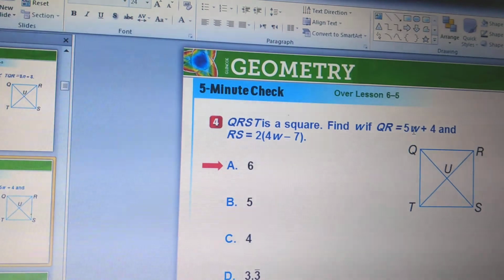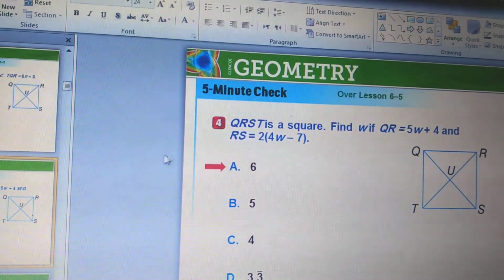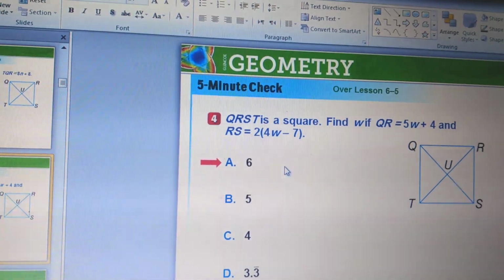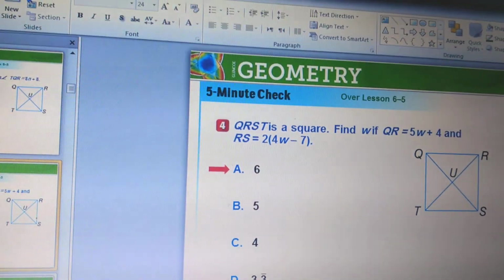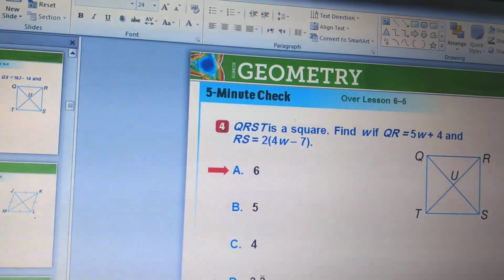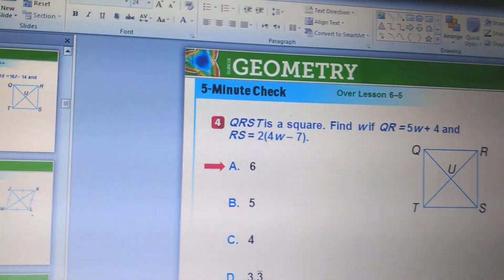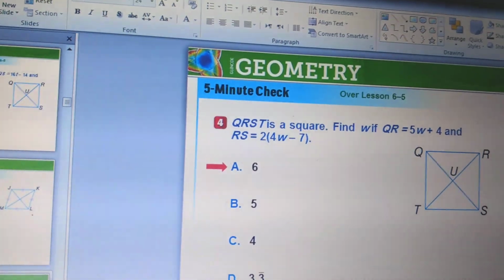Therefore, you can write 5W plus 4 equals 2 times 4W minus 7 and you solve the equation to get the answer. The rest, all of them are the same. I'm not going to talk about them a lot. You can solve them by yourself and check your answer from the slides.